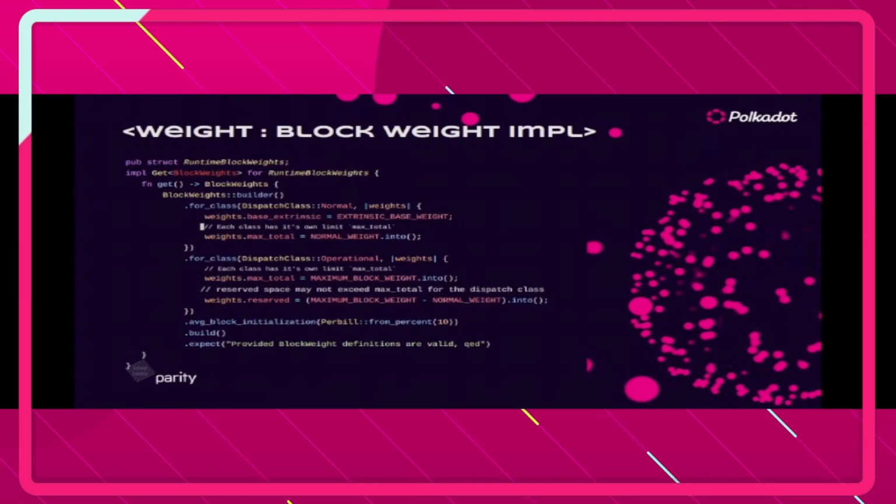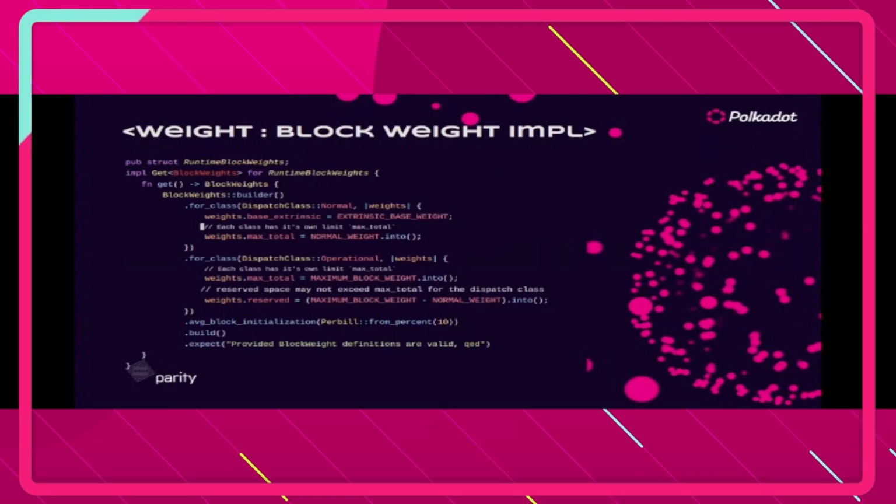Each extrinsic, regardless of its complexity, will come with a base weight that is consumed regardless. And this could include, if you think about what is happening when you execute an extrinsic, the caller's signature may get verified, and then maybe you have a balance deduction, so the balance storage needs to be worked with.